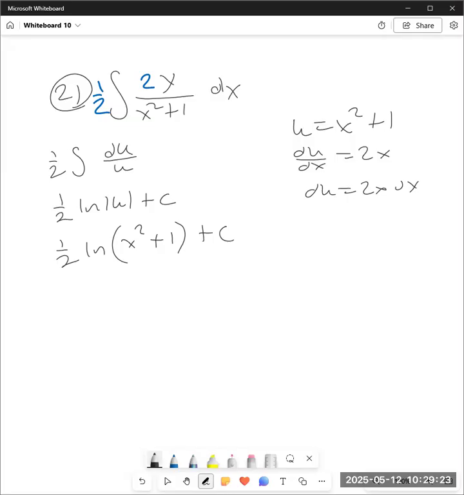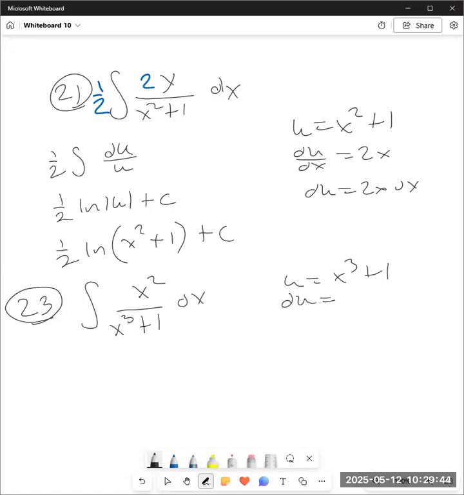All right, let's look at our next problem, number 23. The integral of x squared over x cubed plus 1 dx. U is x cubed plus 1, since that's the denominator. Du dx is 3x squared.